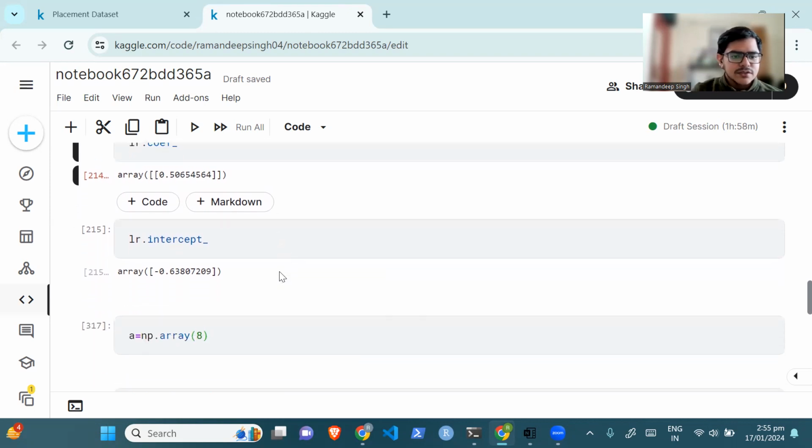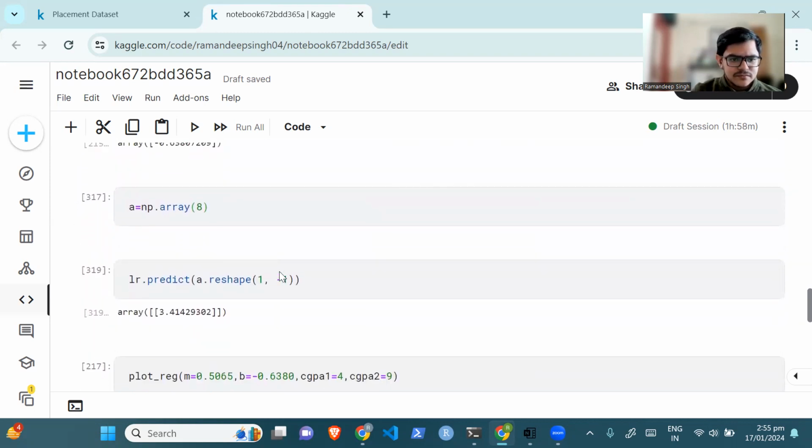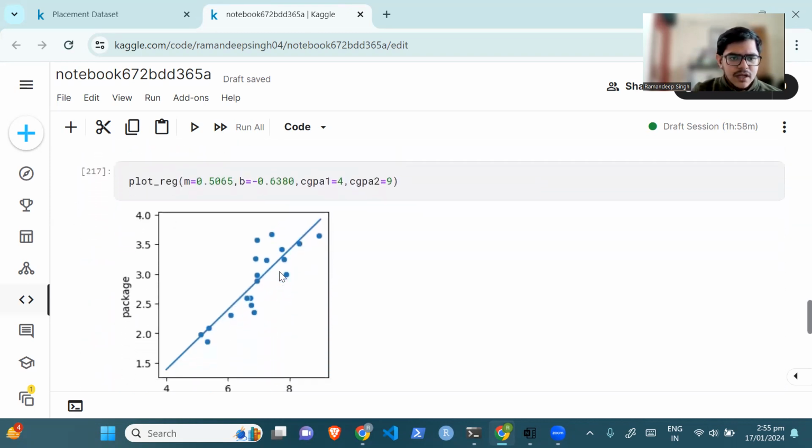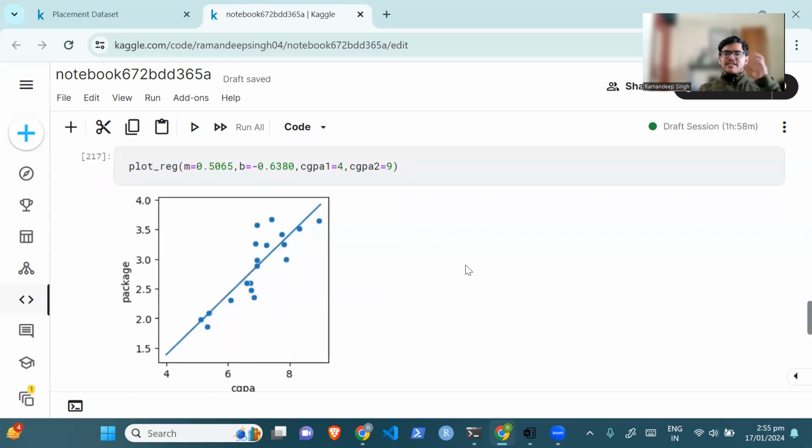If I plot my regression line using the values of m and b that the linear regression model has given me, this will be my new regression line, and this is the only line for which my error will be minimized.